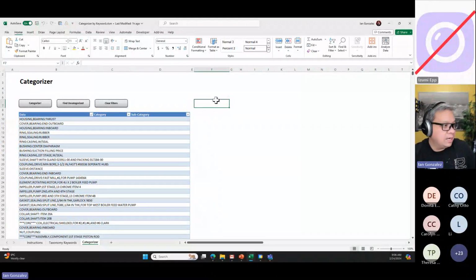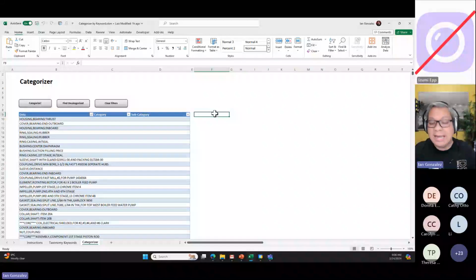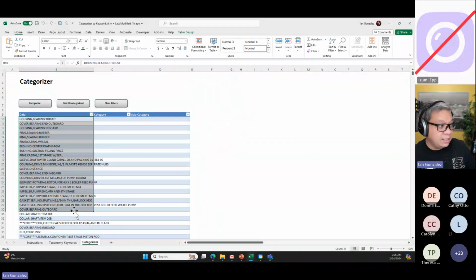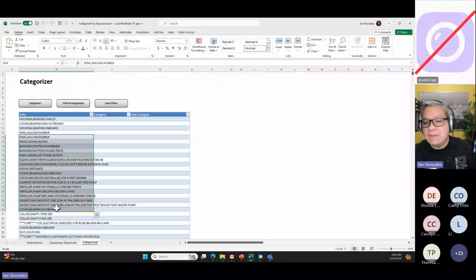As you know, one of the cornerstones of category management is the ability to categorize spend. And for those of you that try this, it is a lot easier said than done. So the tool makes categorization somewhat easier because it allows you to take a gigantic list of PO descriptions, and it can be anything. It doesn't even have to be formatted properly.